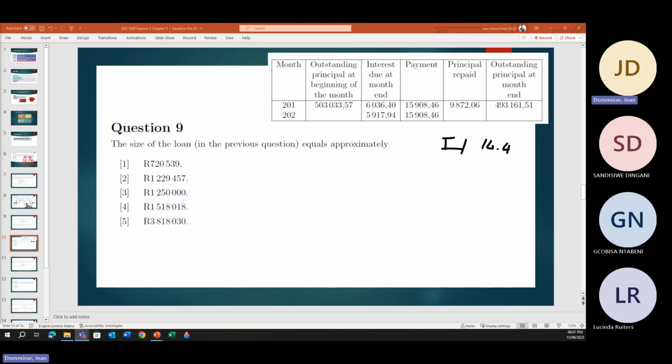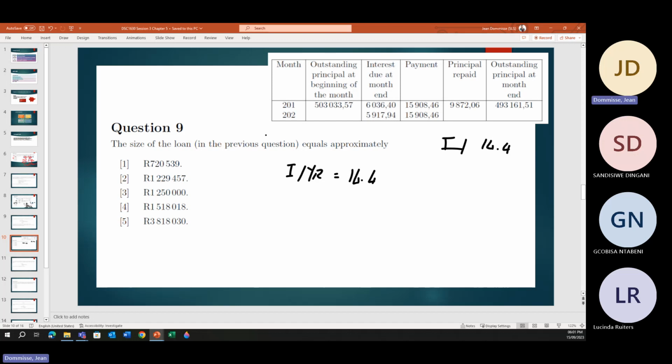Okay, so let's write down a few things that we now know. We know the interest rate is 14.4%. So that's something you can put in your calculator.